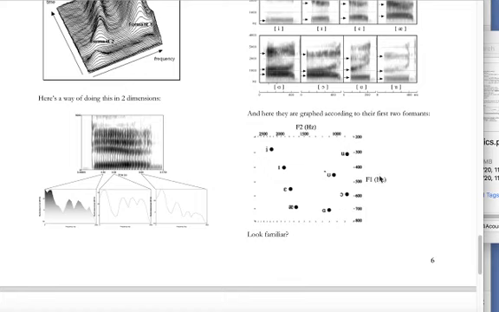So F1 is inversely related to vowel height. Here's F2, back vowels, front vowels. Higher F2, front vowels. Lower F2, back vowels. And indeed, there's lots of evidence that this is a far more reliable way of thinking about how vowels work, even than the articulatory things I told you about a few weeks ago.